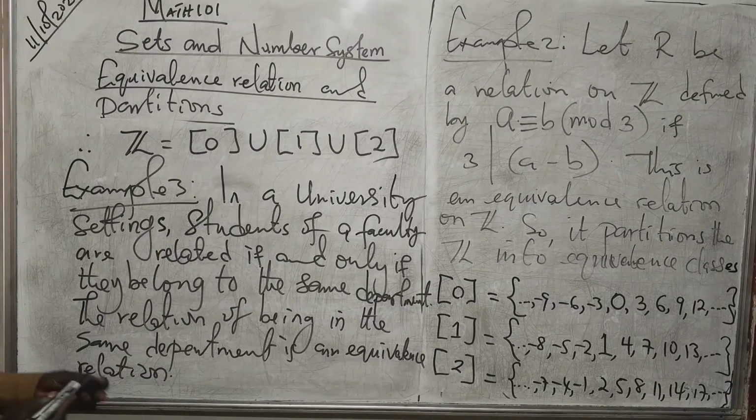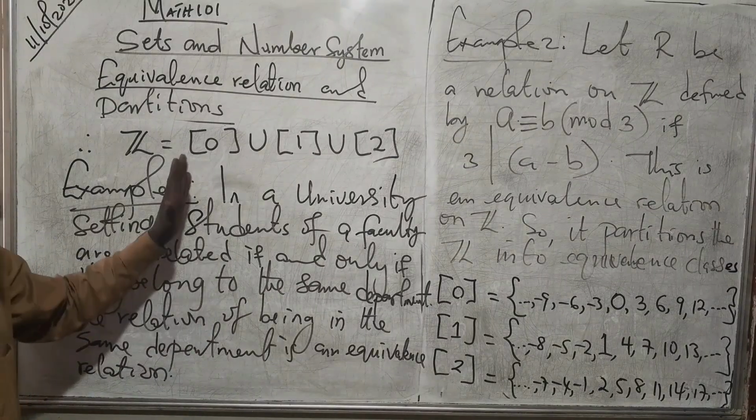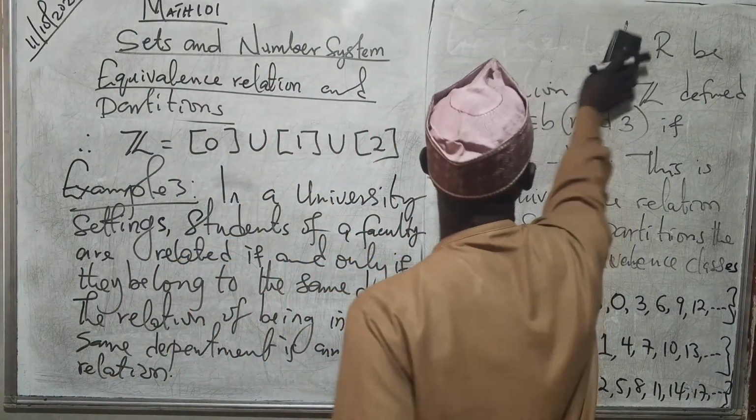So where students will be related if and only if they belong to the same department, and this relation will partition the faculty into equivalence classes.